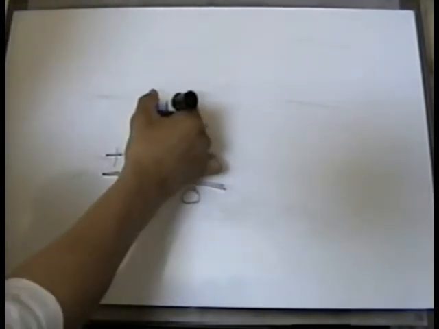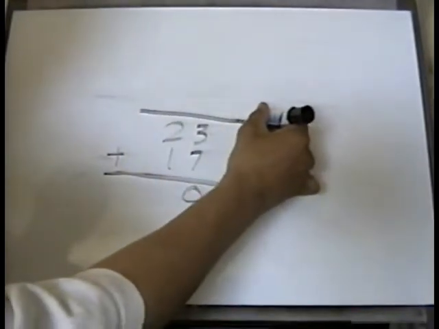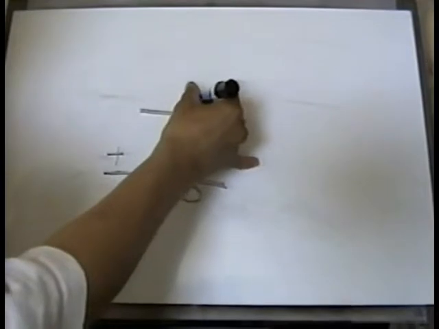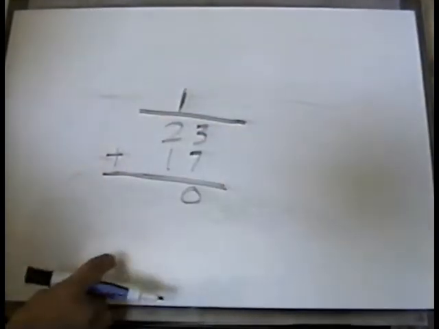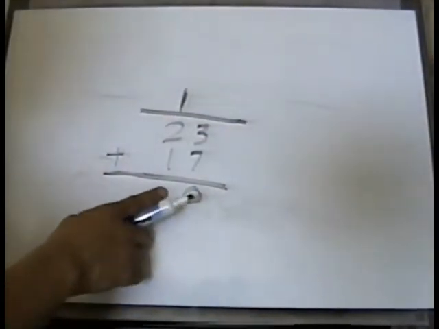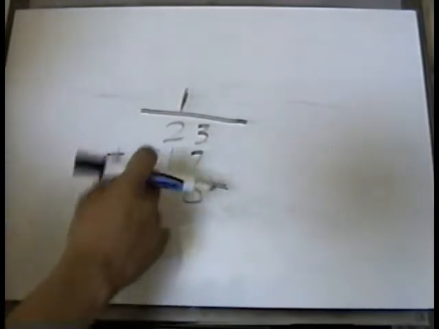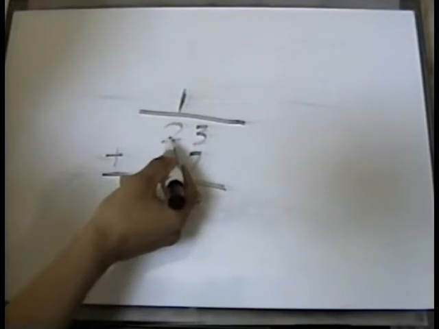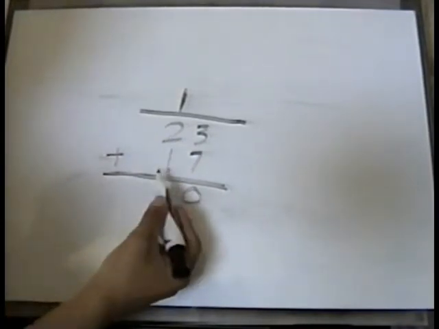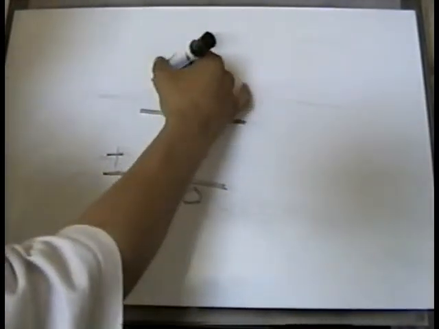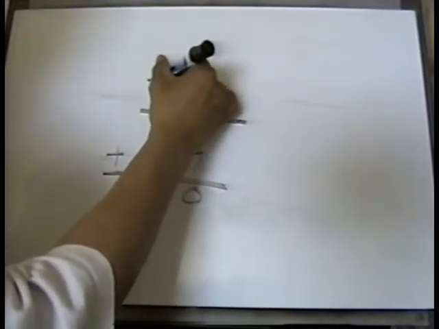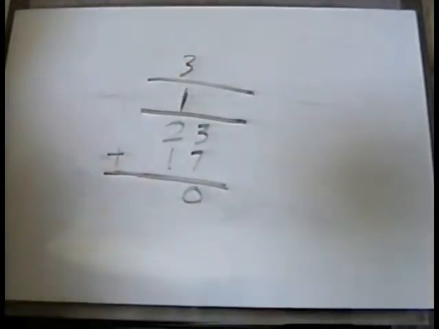So we add them both. 7 plus 3 is 10. But what you do with the 1, you could draw another line up here and place your 1 there. We want to place it here, but we haven't added these numbers yet. So we have to add these numbers.